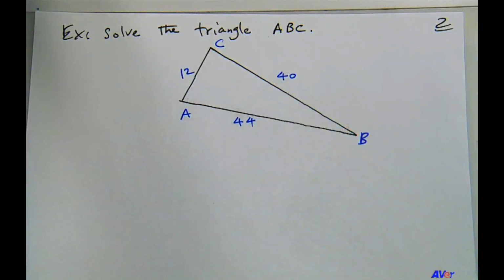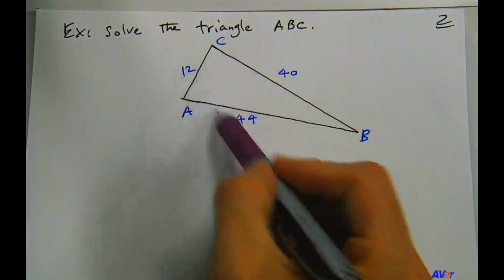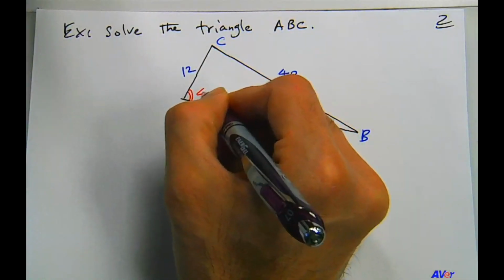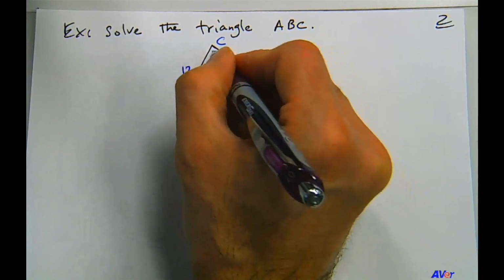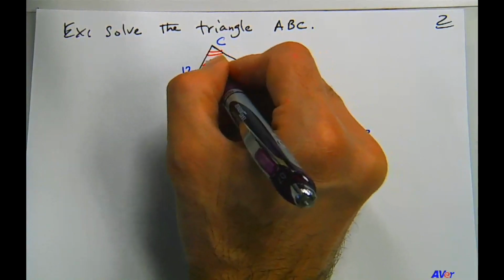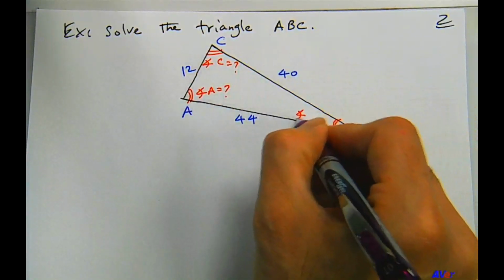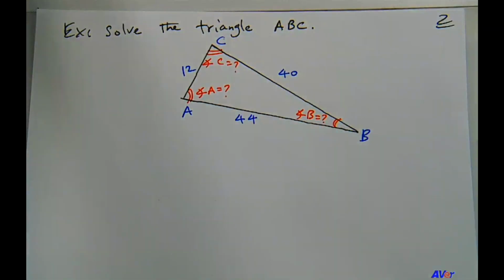So what we're asked to find when they say solve the triangle: since all three sides are given, basically we're asked to find the measure of angle A, angle C, and angle B. Those are the quantities we need to find.